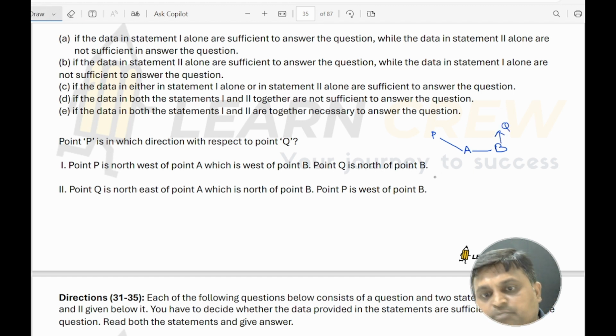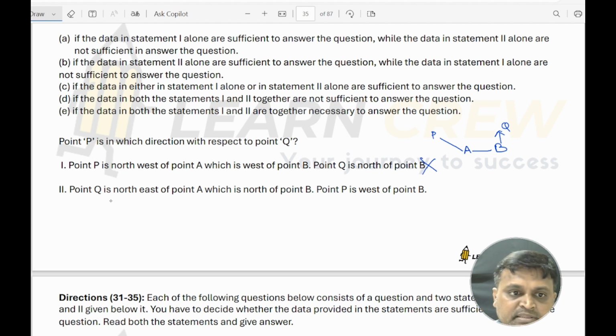Q is north of B. So if it is here, if it is more distant, it will become one direction. If Q is here, P is here, it is one more direction. If Q and P are parallel on the same line, it is one more direction. So the position of P with respect to Q cannot be determined with the help of only one.